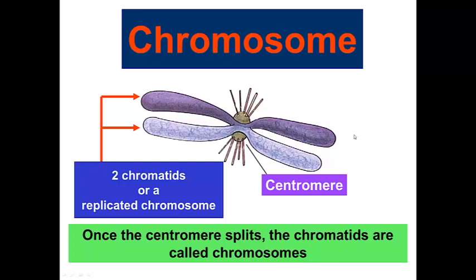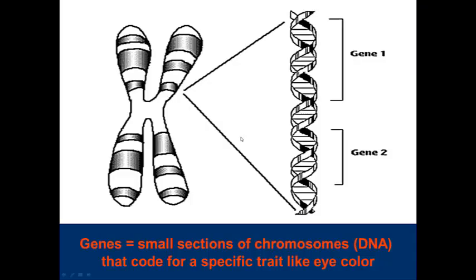So if they're connected together, they're chromatids. If they're separated, they're called chromosomes. They're held together by a centromere, or a central point. Genes are small sections of the chromosomes or DNA that code for specific traits, such as eye color or hair color.